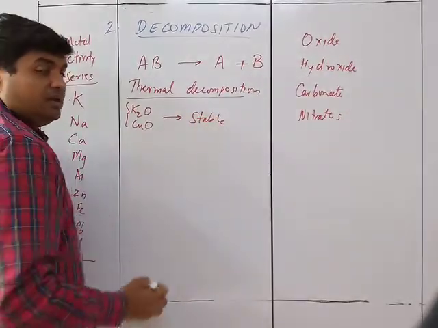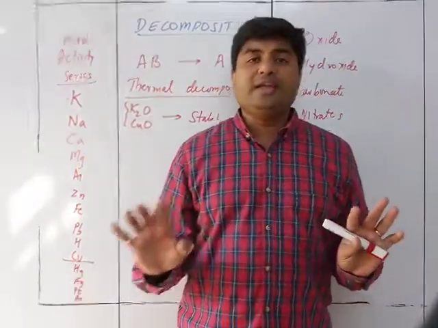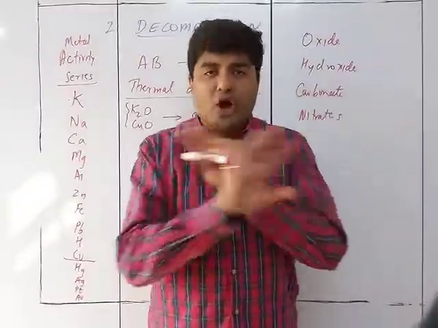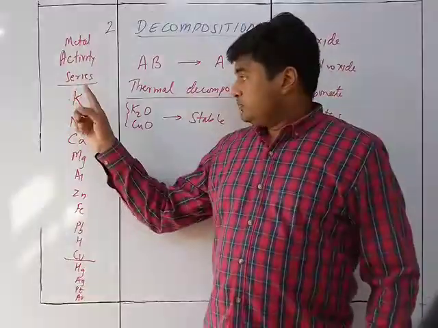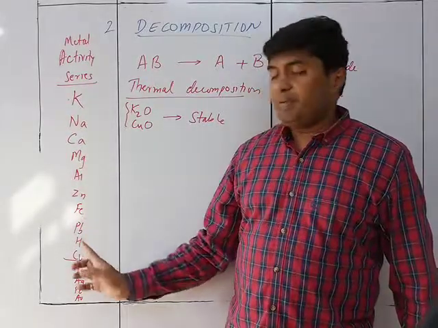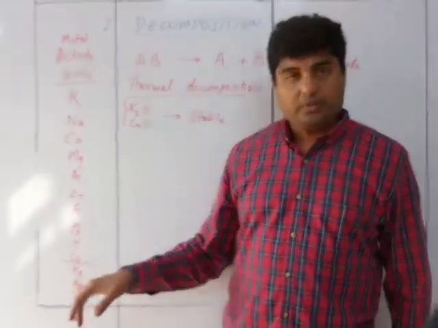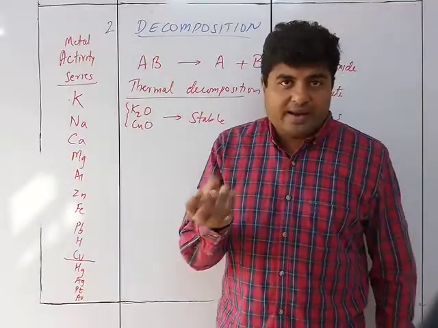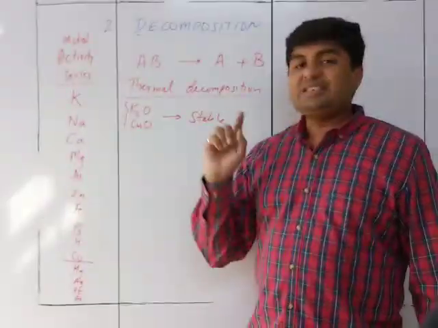What do you mean by stable? That means even if you heat it, they are not going to decompose. So the decomposition is not going to take place for oxides of K, Na, Ca, Mg, Al, Zn, Fe, Pb, इनके oxides को कुछ नहीं होने वाला. Even water, when we heat it, does it turn into hydrogen and oxygen? No. So these are stable.